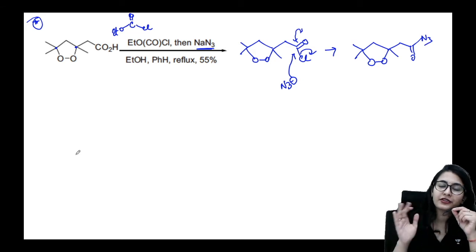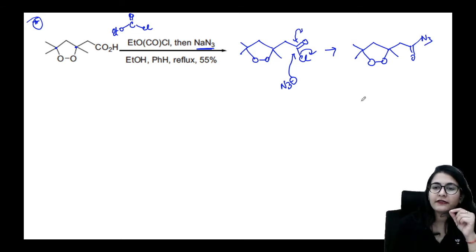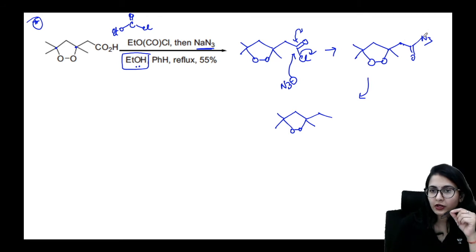Now the further reaction you can do, guys, yes, everything will be the same. Let's see what is the nucleophile now. The nucleophile is ethanol. Okay, so you can just directly write the isocyanate from here, because now you know how the rearrangement takes place. So this carbon over here is going to migrate on one of these nitrogens, minus nitrogen gas.